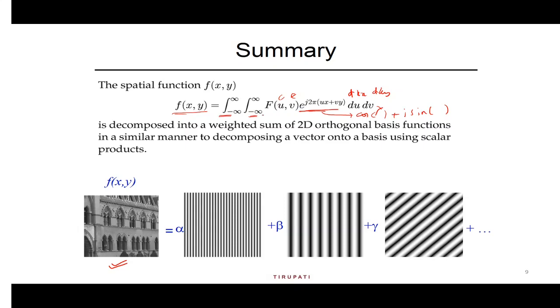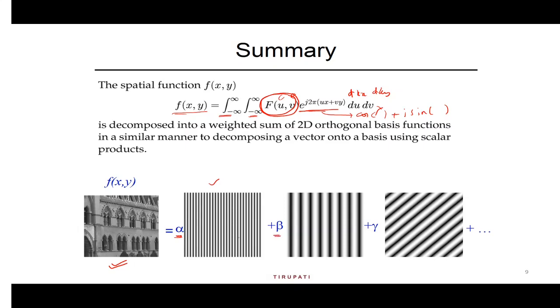This is essentially equivalent to, for example, if you are varying only kx, this is the kind of waveform you have. So you are eventually representing it with weights that you give to each of those particular kx and ky: alpha times this waveform, plus beta times this waveform, plus gamma times this.